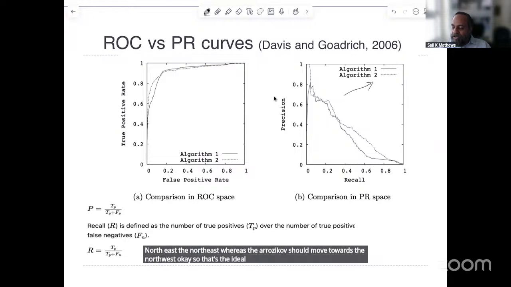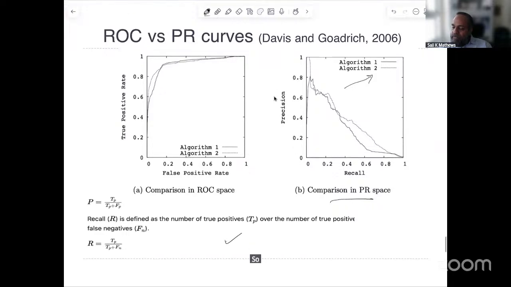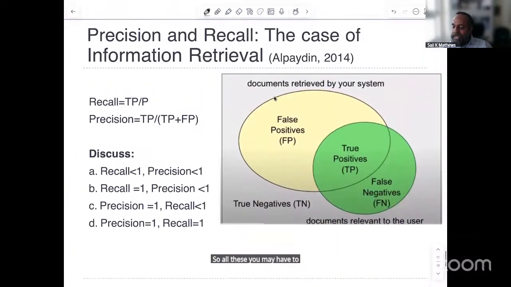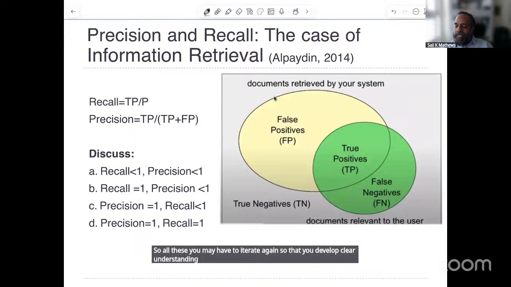Otherwise, it shows a lot of cases have been detected which are actually false positives, in the case of PR curves. Okay. So all these you may have to iterate again so that you develop a clear understanding about what their implications are when you deploy them.